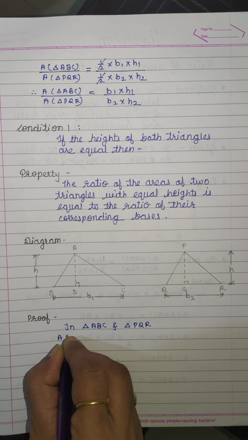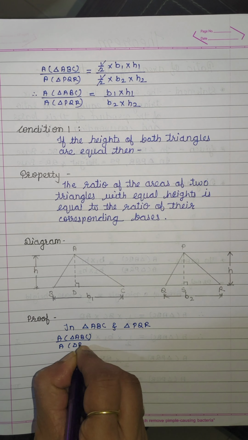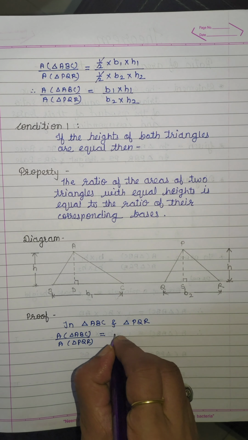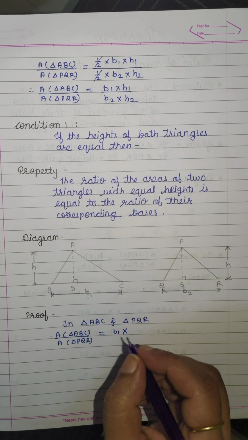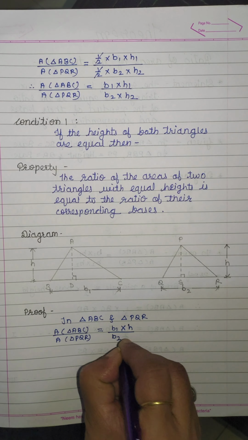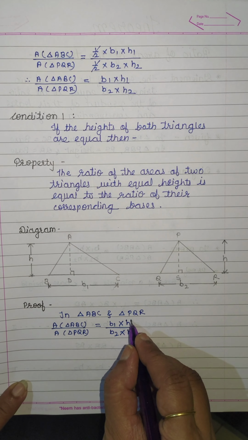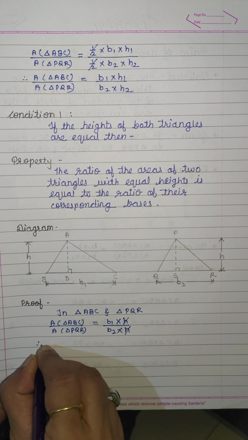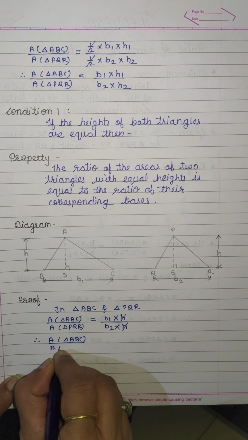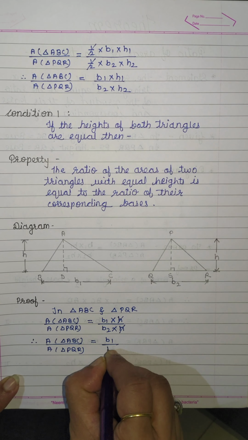Therefore, area of triangle ABC upon area of triangle PQR is equal to base BC, that is B1, into height AD, that is H, upon base QR, that is B2, into height PS, that is H. Here H will get cancelled. Therefore, area of triangle ABC upon area of triangle PQR is equal to B1 upon B2.